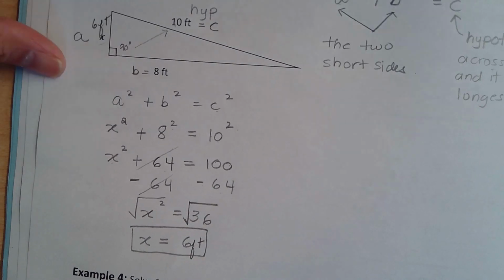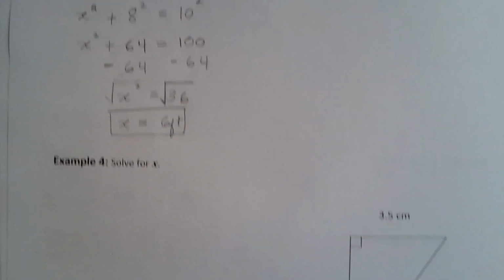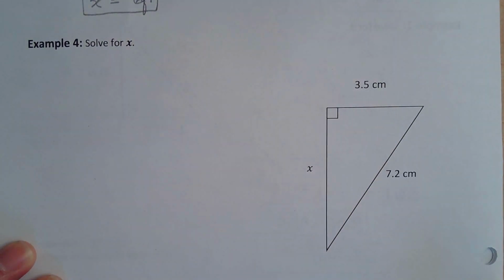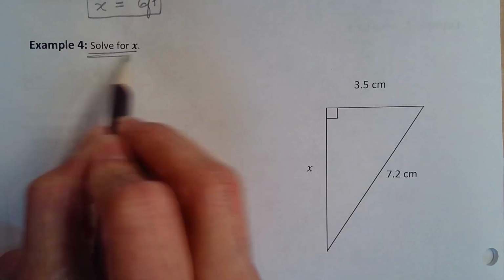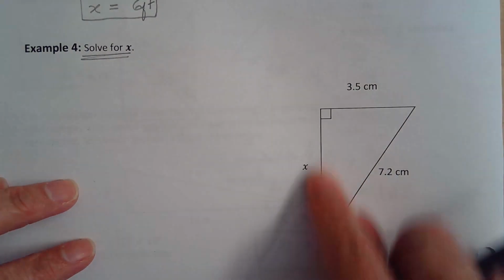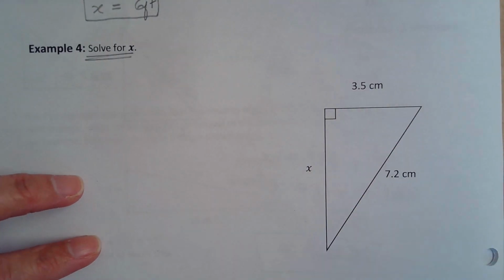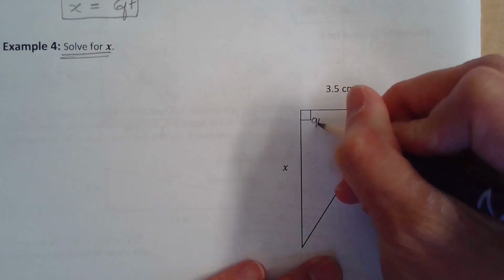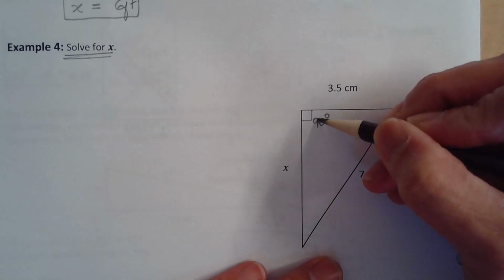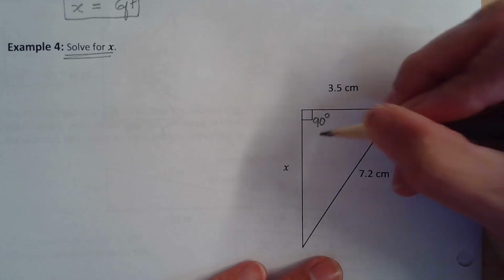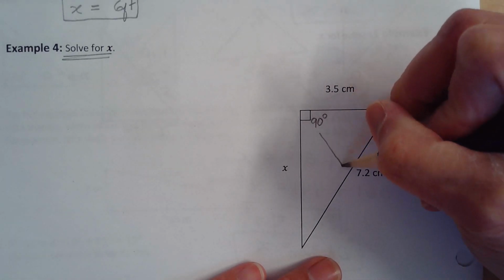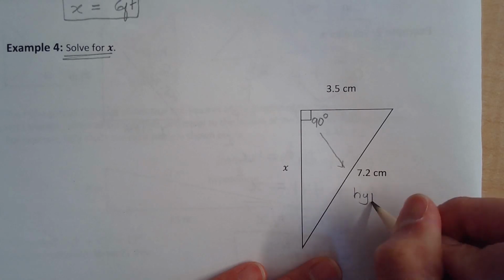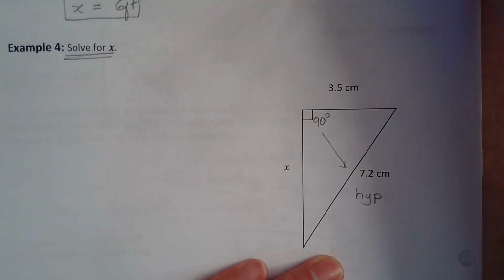Is it okay if we go to the next question? Everyone's pretty much been copying that one? Okay. So this one here, solve for x. So this is a right angle triangle. It's just upside down. This is the 90-degree angle. So if this is the 90-degree angle right there, then right across from the 90-degree angle, that's the hypotenuse.